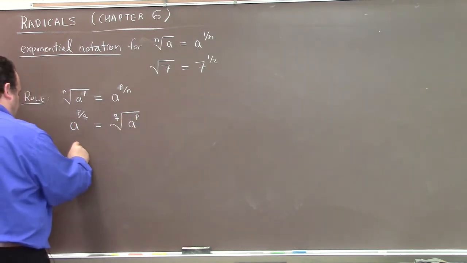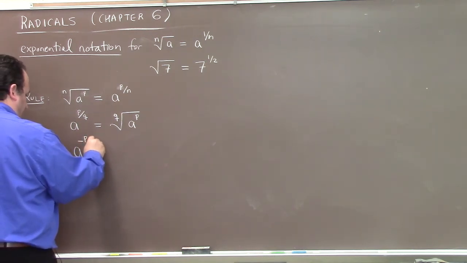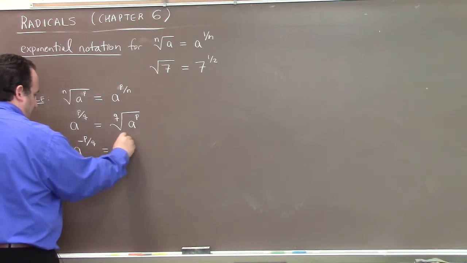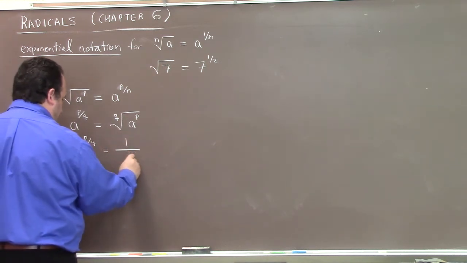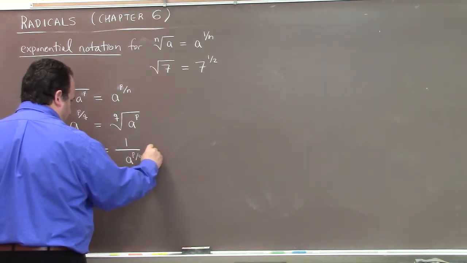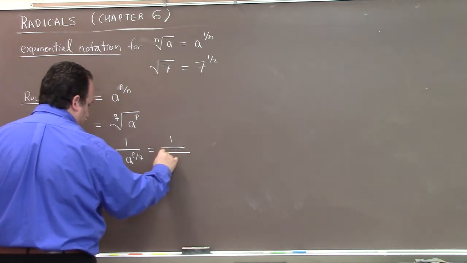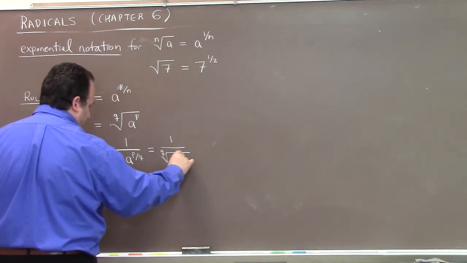And we can also talk about a to the minus p over q. What would that mean? This would mean 1 over a to the p over q, which you could also write as 1 over the qth root of a to the power p.